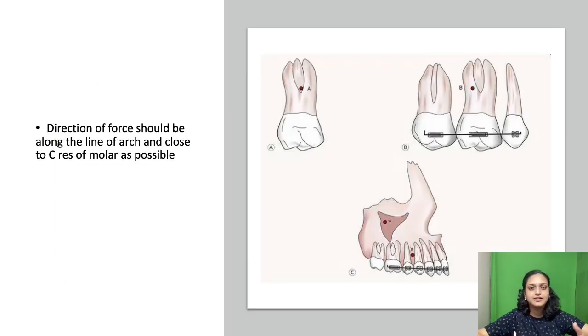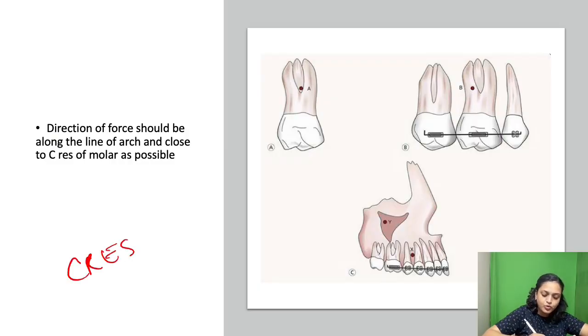They ask this commonly. The center of resistance of molars, of the posterior maxillary segment and of the entire maxilla is a commonly asked question. This separately I will discuss in a different session, the center of resistance of different arches.